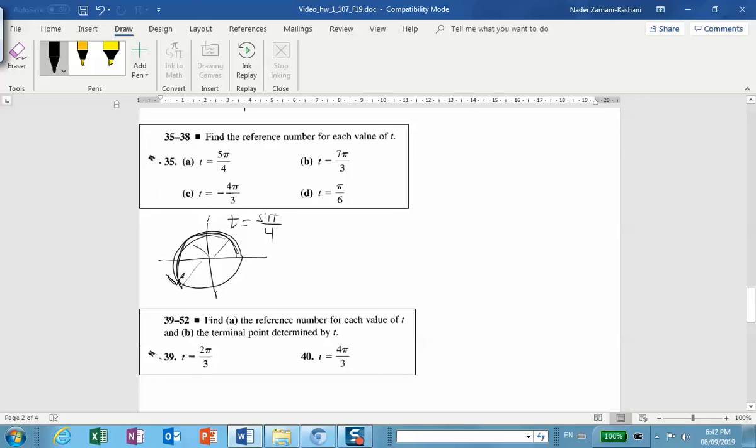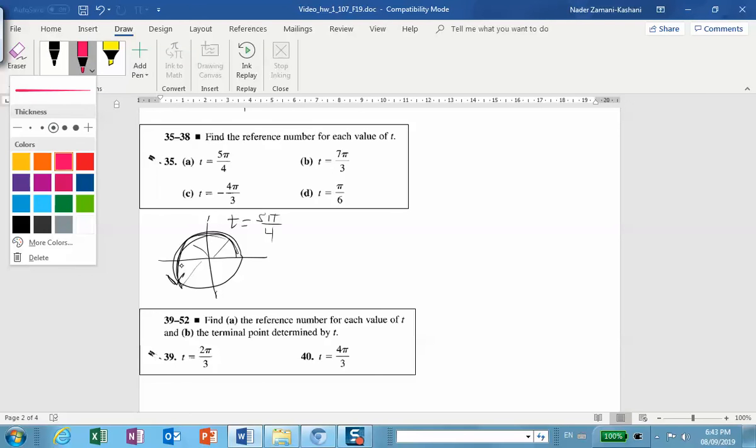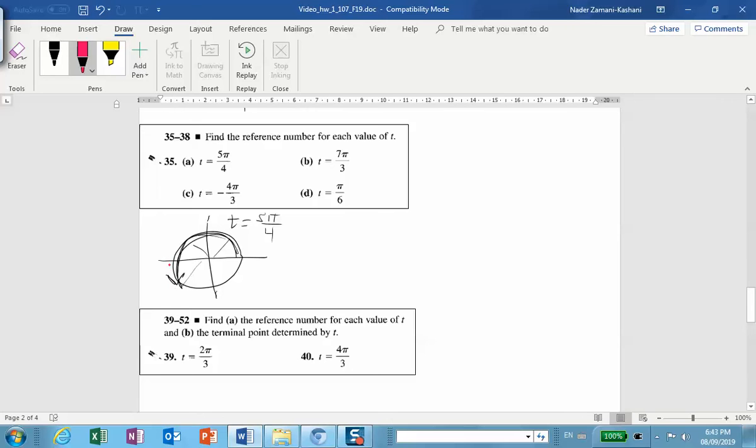Now, the reference number is the smallest positive, or the shortest, distance to the x-axis. When it's talking about distance, it means it's positive, so the reference number is always positive. Don't give me a negative number for the reference number. Just think about it.